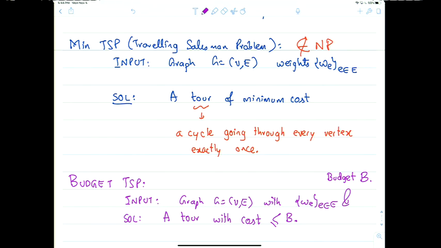Why is the converse true? Does anyone have an answer? Suppose I can solve budget TSP. How would you solve min TSP? Let's say I give you an algorithm to find a tour of cost less than B if there is one. Can you use it to find the cost of the smallest tour?